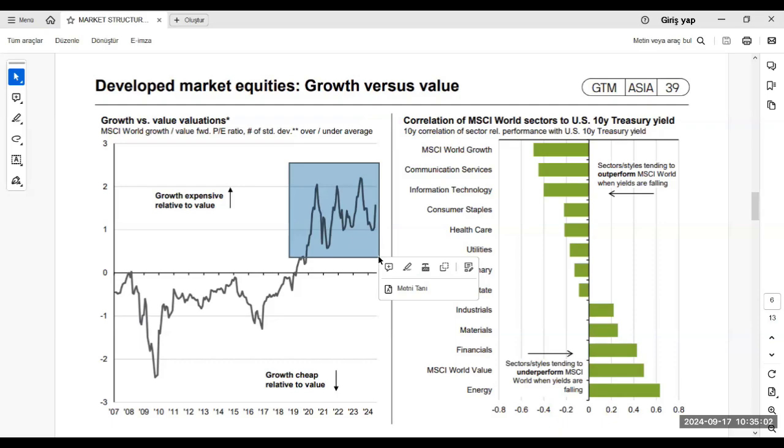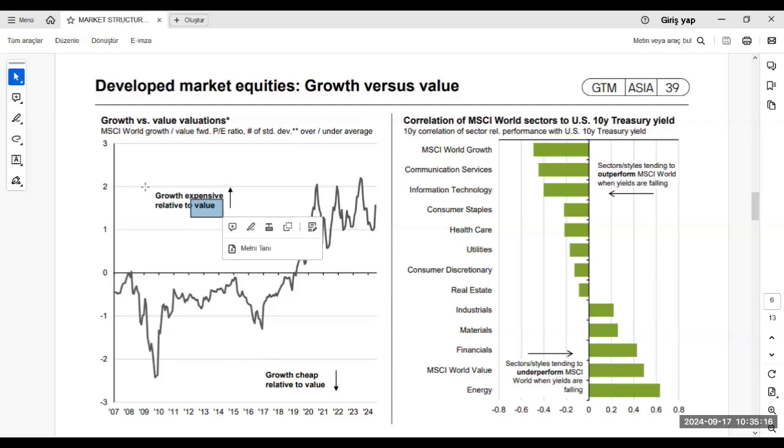And today, growth is really expensive relative to value, because lots of people buy growth and its price is really high. So if you want to put your money, you should choose the value company, because growth companies today are expensive.